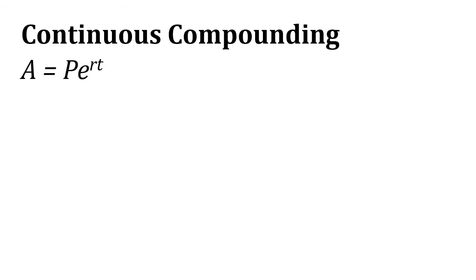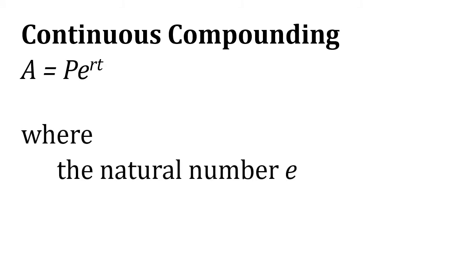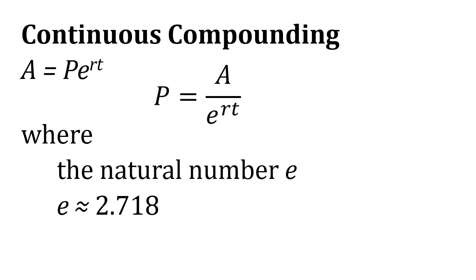So the formula for the final amount is A equals P times e raised to rt, where e is the natural number e, which is approximately equal to 2.718. So P is equal to A over e raised to rt if you will be solving for the principal amount. To solve for the interest, it's the same, I equals A minus P.